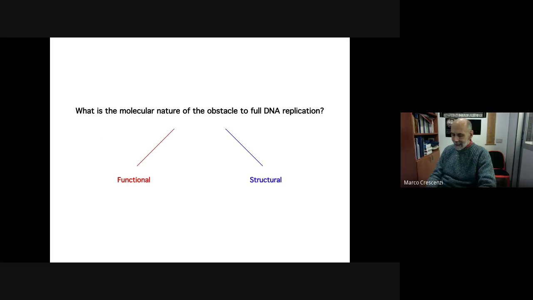There is another class of potential problems, and that's structural. We thought of this possibility that the chromatin of myotubes might be itself physically responsible for the inability of DNA polymerase to complete DNA replication.